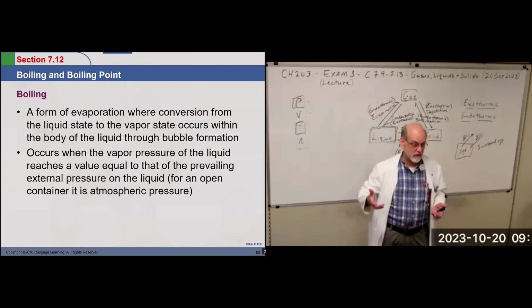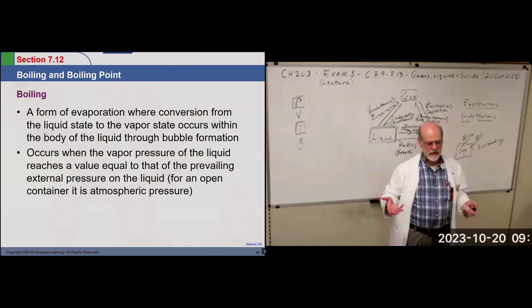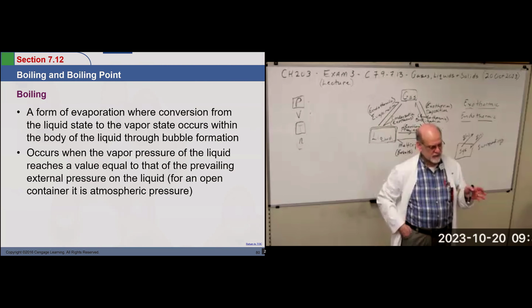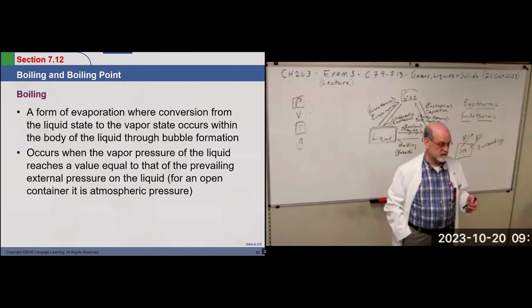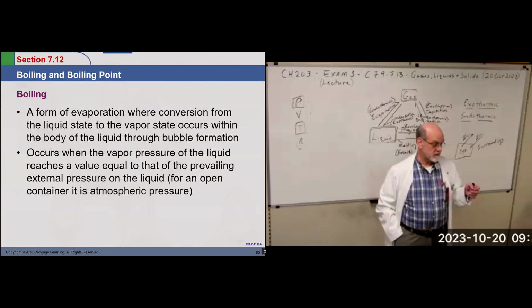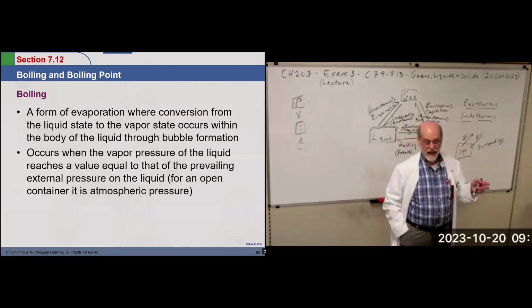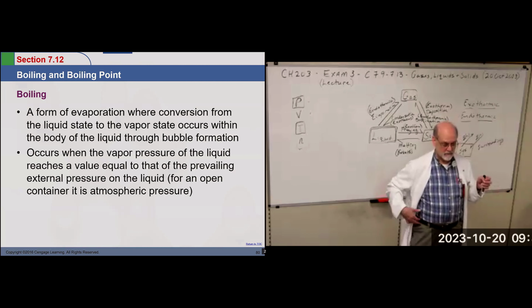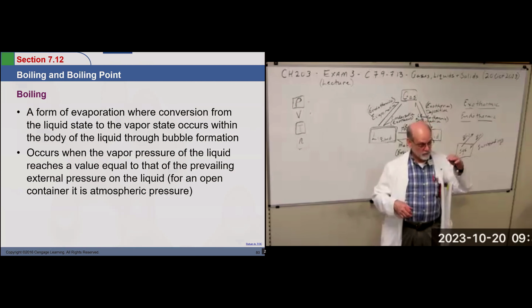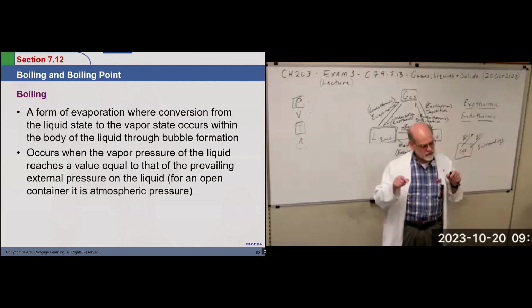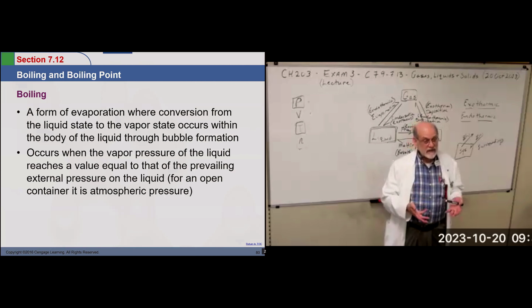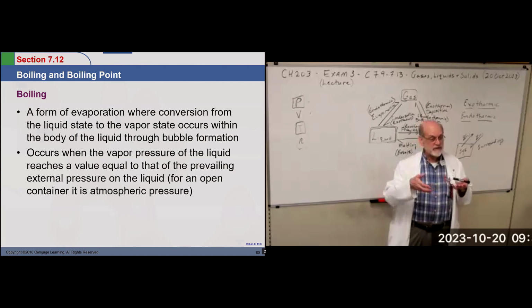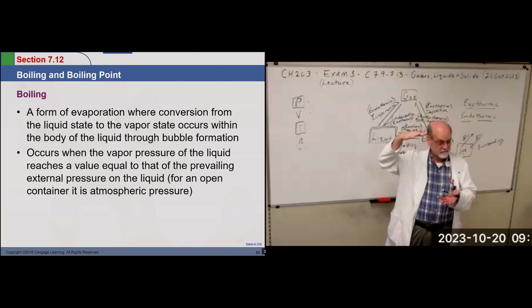If it's an open container and you're at sea level, it's one atmosphere. If you're here, it's slightly less pressure, not much, but slightly less. If you're in Beckley, where I live, you're half a mile high, so the boiling point will decrease because you don't have to put as much heat into it for the vapor pressure to exceed the atmospheric pressure above it.